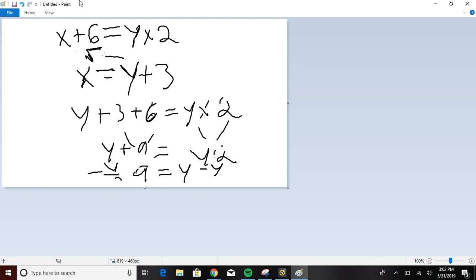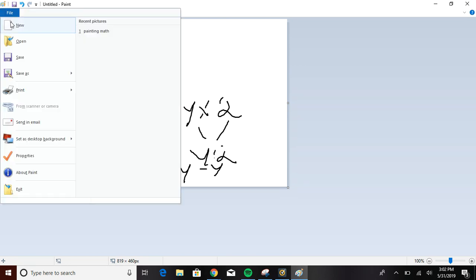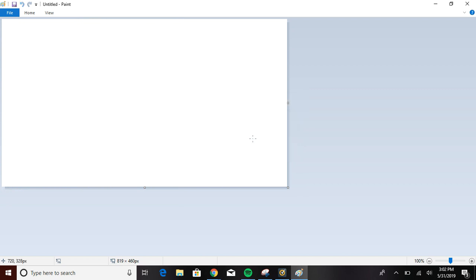So we are now going to be making a new one again. So we were left with y equals 3. Am I correct on that? Y equals 9. Sorry, guys. Briefly forgot there.